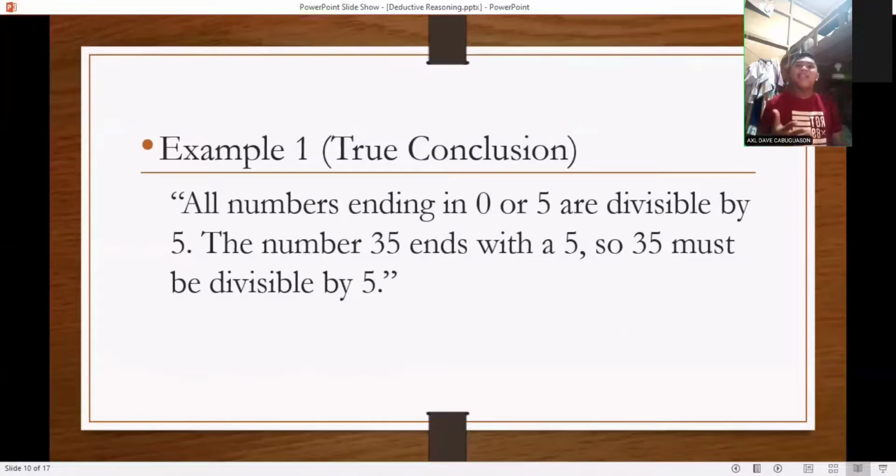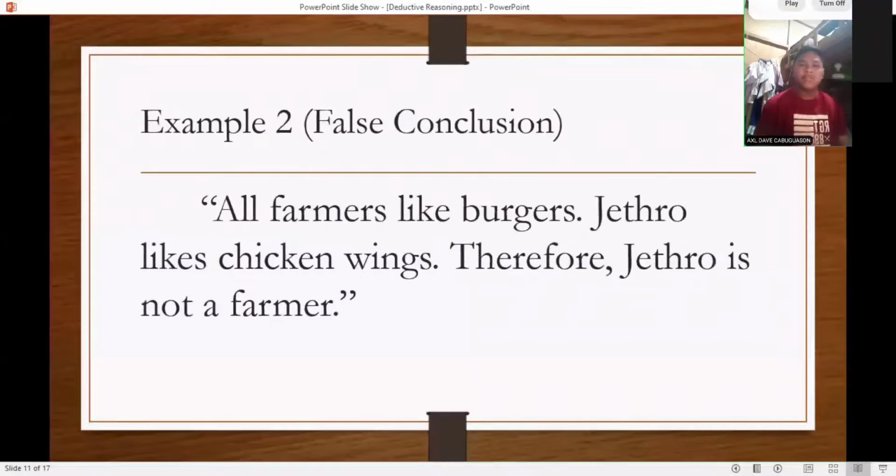In mathematics, we can say that any number that ends with 0 or 5 is really divisible by 5, just like number 60, it can be divided by 5. Just like number 35, it can be divided also by 5. Therefore, it has a true conclusion. So it is a deductive reasoning that has a true conclusion.